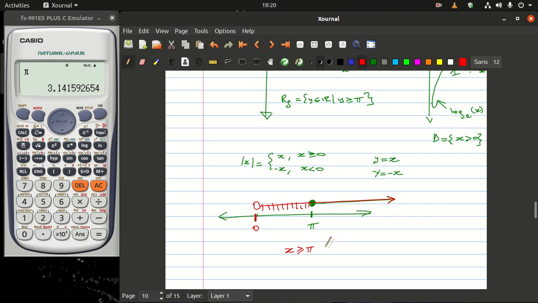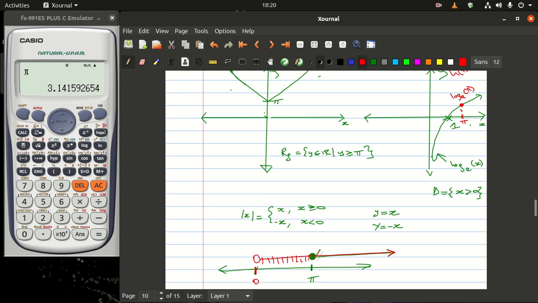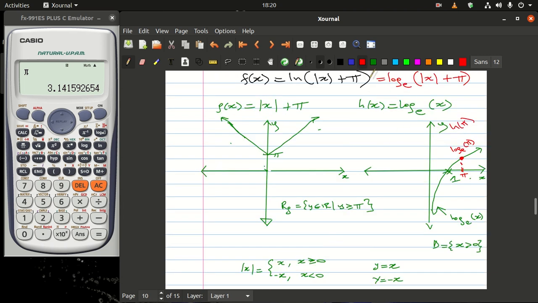The domain that we're using is this domain, so anything that is not within this domain, we have to erase it. So let me come here. Anything that is below up until here, we don't want it. So we don't want that curve here. So the range that we're looking for is starting at this point and then it goes up.